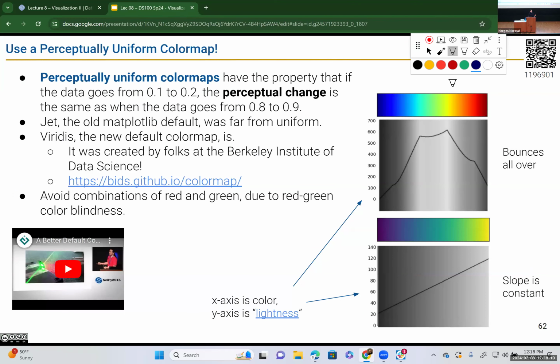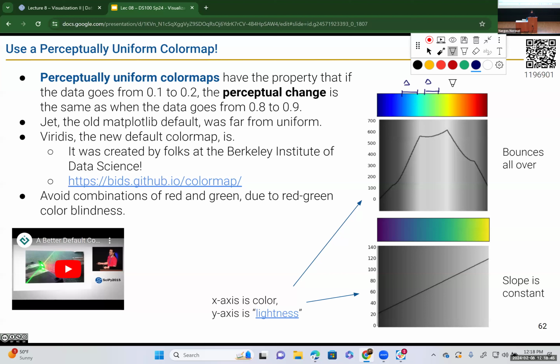Why the Jet color map is so bad and why Viridis is good has to do with the concept of lightness. I'm not going to go into the details of what lightness means, but technically it says that the color map should be perceptually uniform, meaning that if the lightness changes by a specific delta, for example from this value to this value, and I change the lightness in this range by the exact same delta, think about these two as similar delta values.